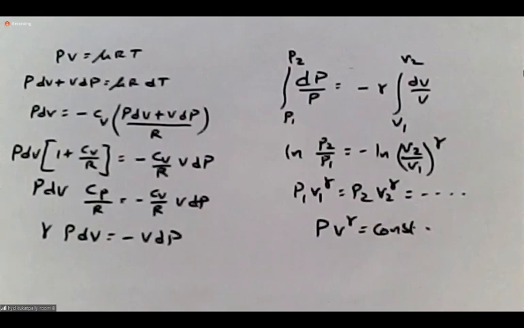Okay, this is the equation of the adiabatic process. You can have different forms of the equation of the adiabatic process. Using PV equal to nRT, you can rearrange also. But that part we will discuss later.